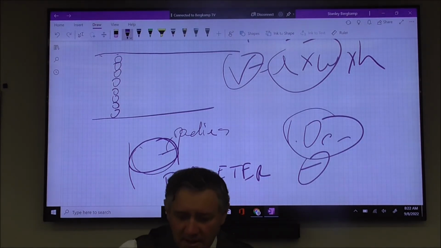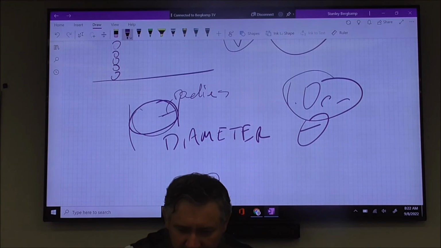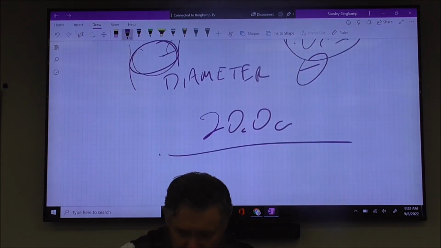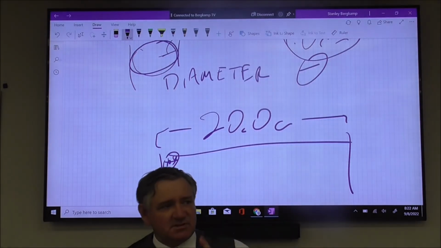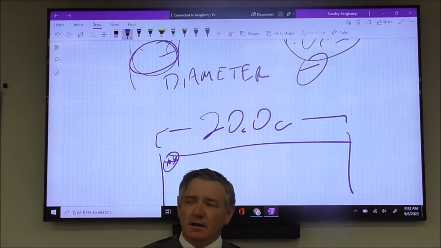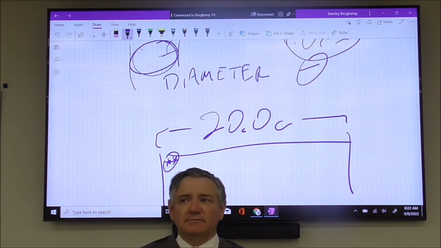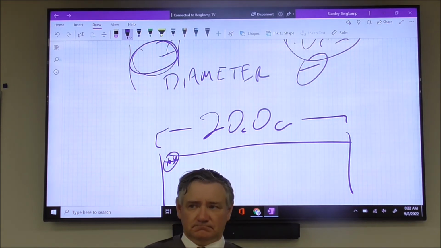And let's say that that paper is 20 centimeters across, and the diameter of this is 1 centimeter. How many of these would it take? 20. How'd you get that?